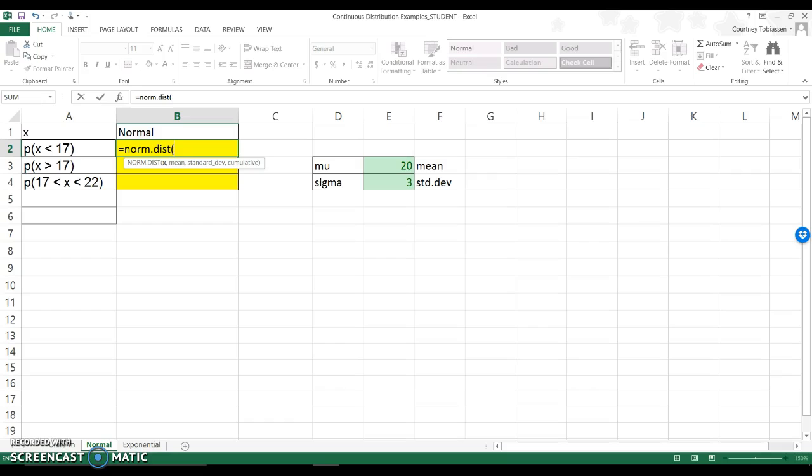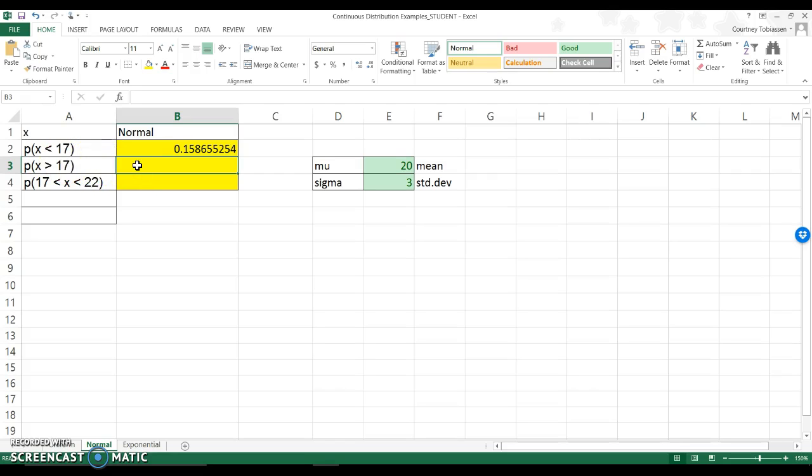So whatever point you're looking at, 17 and below, that is how this function is set up. So norm.dist tells you that it wants 4 things. The first one is x, in this case 17. Then it is asking you for the mean and the standard deviation for the population, as well as asking, is it cumulative, which we say yes, so we put in a 1. So the probability is roughly 16% for up to 17.